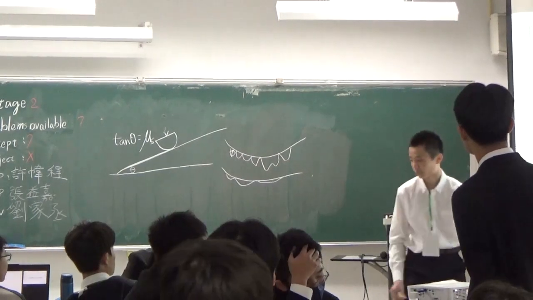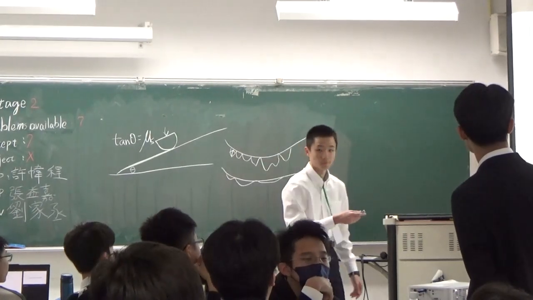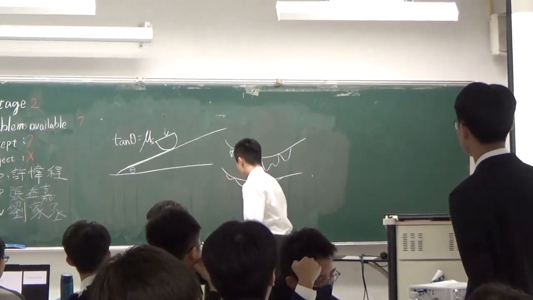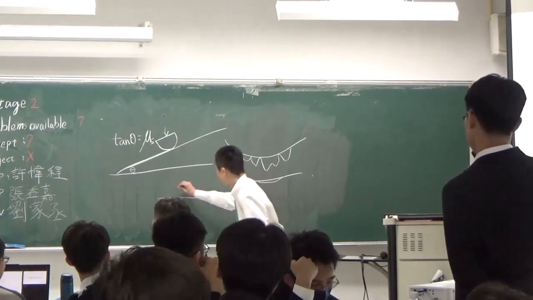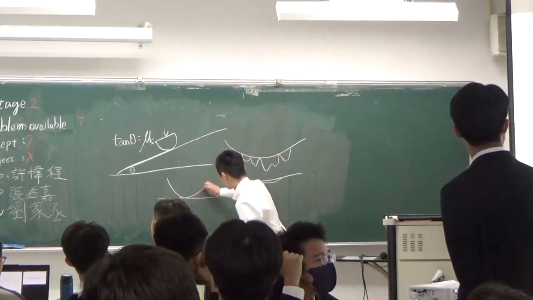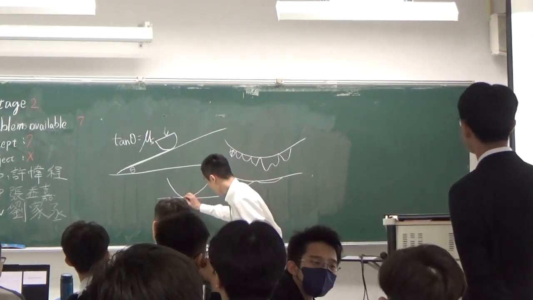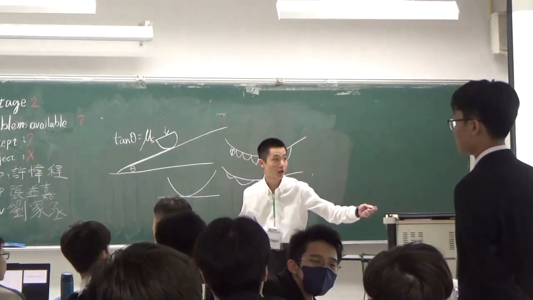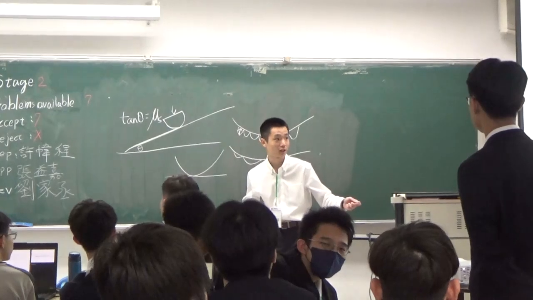But when the force is big enough, the initial contact area between the ball and the ruler in this part is smaller than the actual contact area in this part.